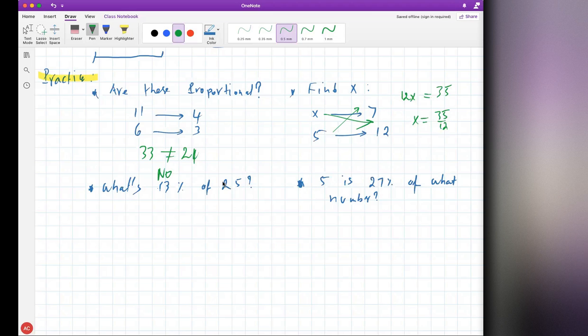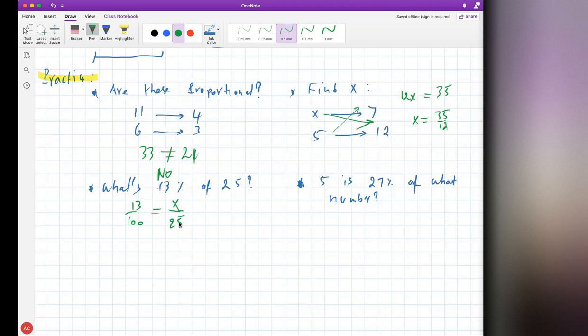What's 13% of 25? What are we missing here? The portion or the whole? Missing the whole. Okay, and turn this into two fractions. What's the first fraction? Portion over whole, 13 over 100, equals the other one, 5 over x.